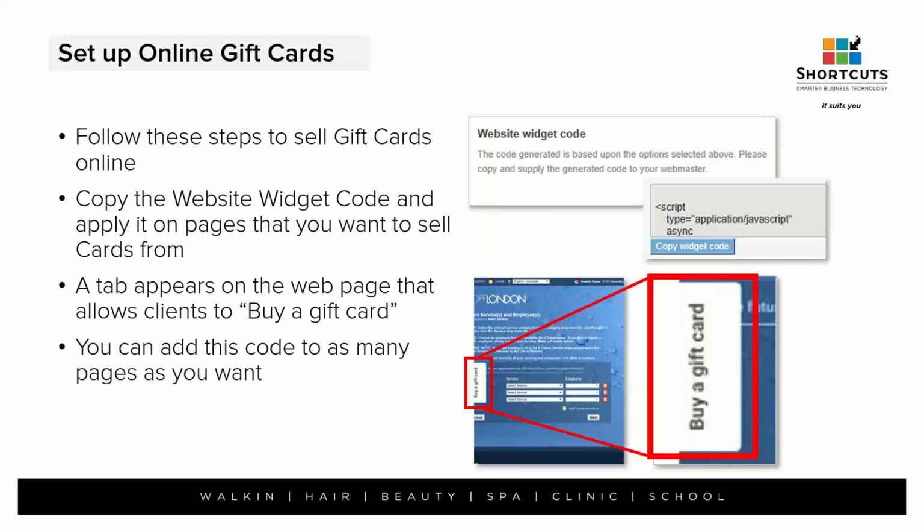But if you have just a regular company webpage and you want to put the tab or the button there as well, we'll actually generate the code for you. You can copy it and put it on your web page, or if you have a web team that you work with, you can copy it and give it to your web team, and they can put it on your page for you. You can add this tab, this button, to as many pages as you want.